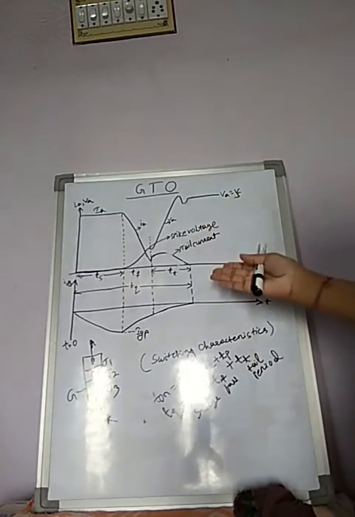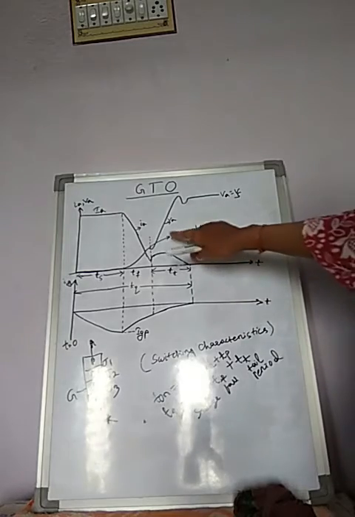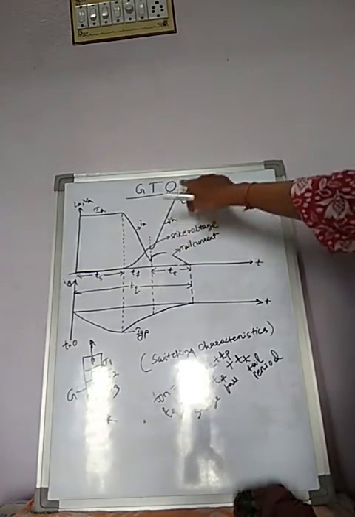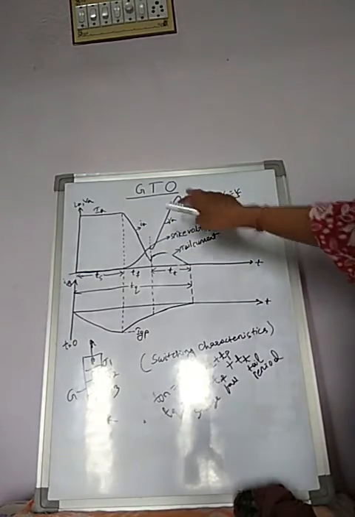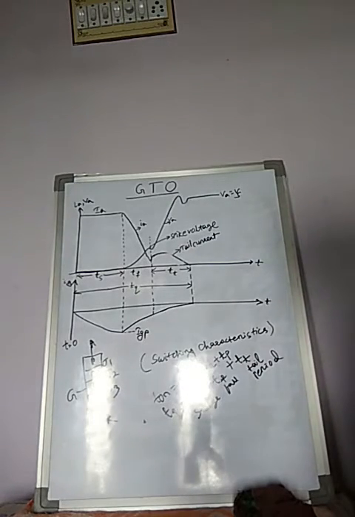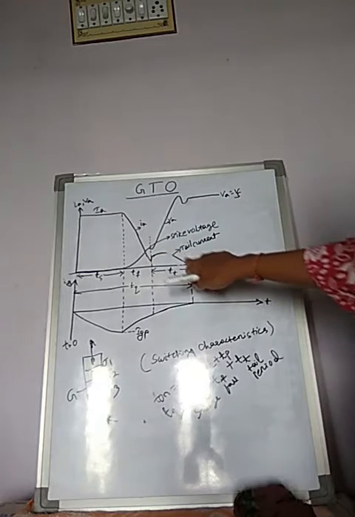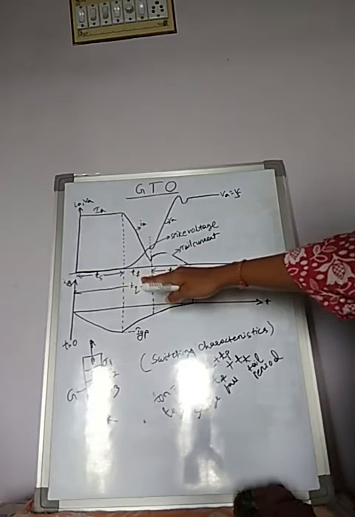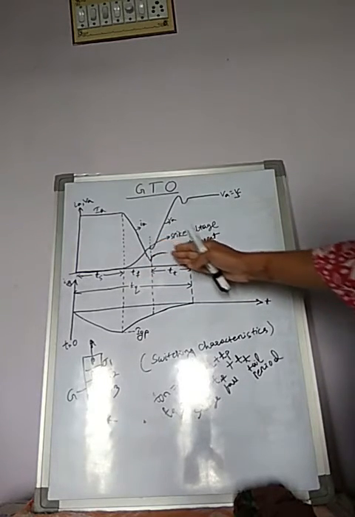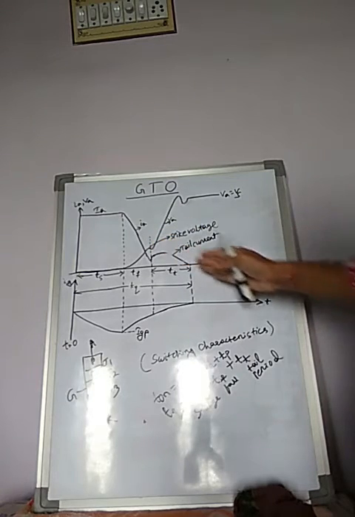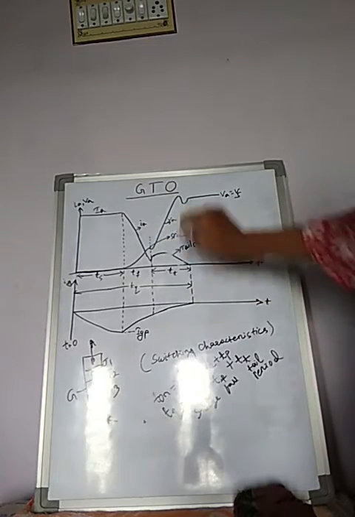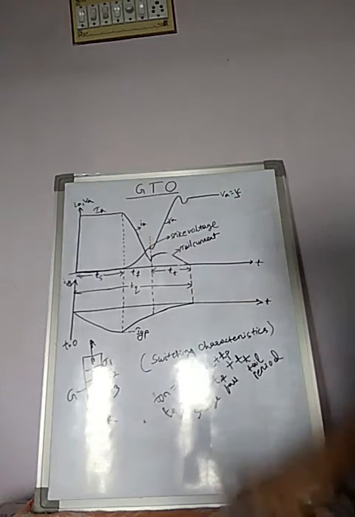The anode voltage keeps moving towards its turn off value. This is the turn off value for the anode voltage. Here the current falls, that means the falling rate is at another level. Here voltage rises to the turn off value.